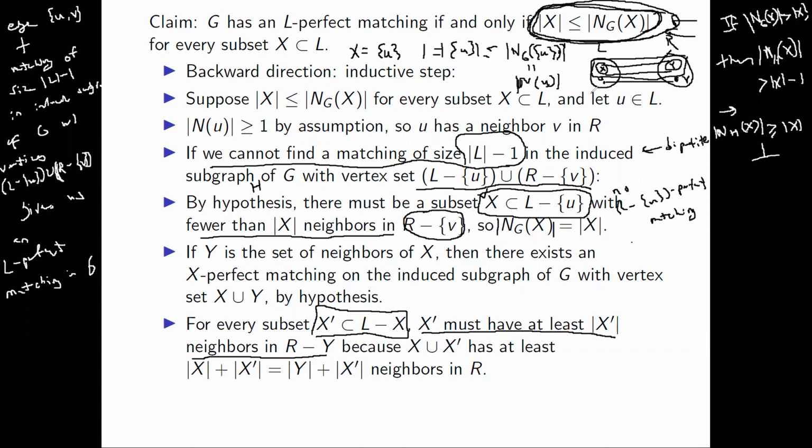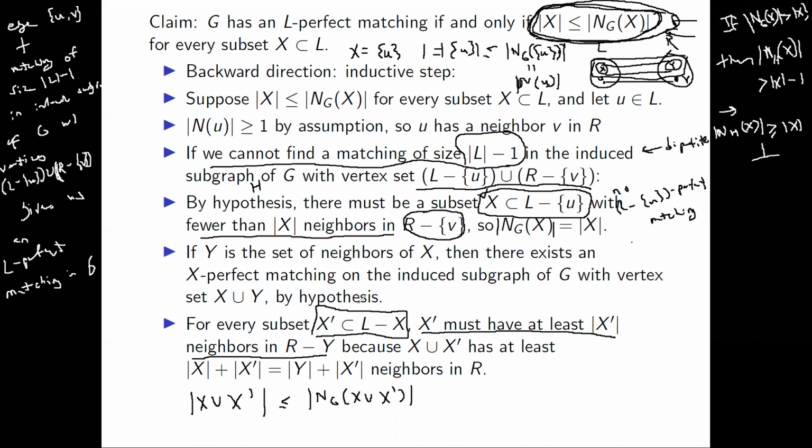We know for any subset of L that the size of the subset is less than or equal to the size of its neighborhood. So we know the size of X union X prime is less than or equal to the size of the neighborhood of X union X prime in G.